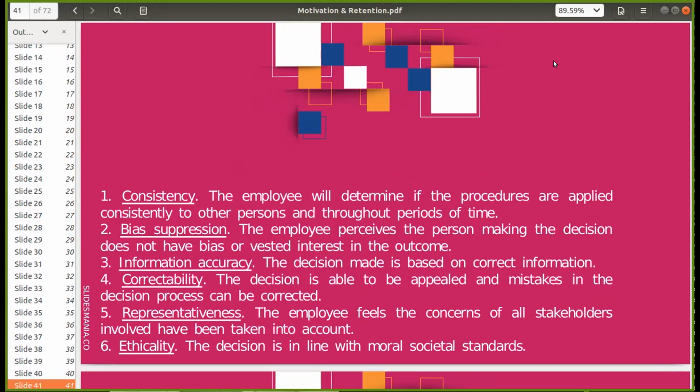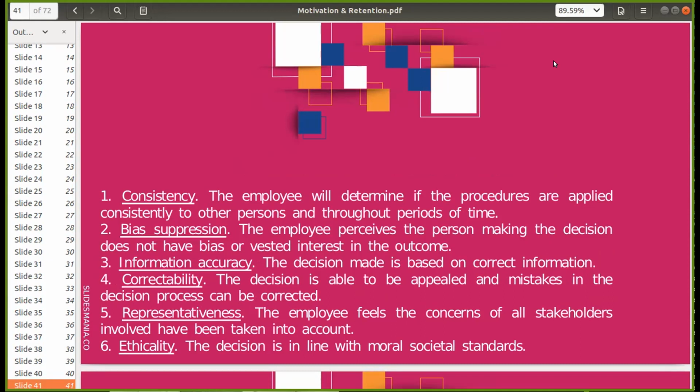Consistency. So, kailangan kung ano yung in-apply na procedure doon sa isang empleyado, ganun din yung procedure na dadaanan ng kabilang party, no, and throughout periods of time. Then, bias suppression. Dapat there's no bias treatment. No, yun. Alam niyo na yung pagiging bias, di ba?